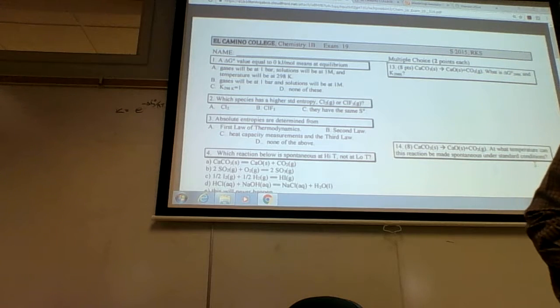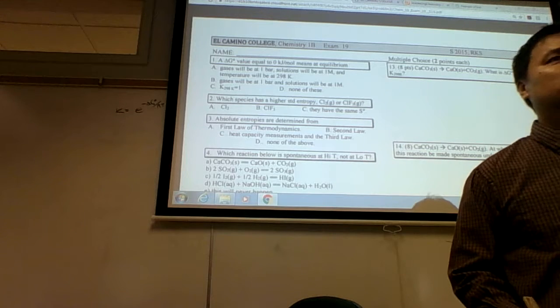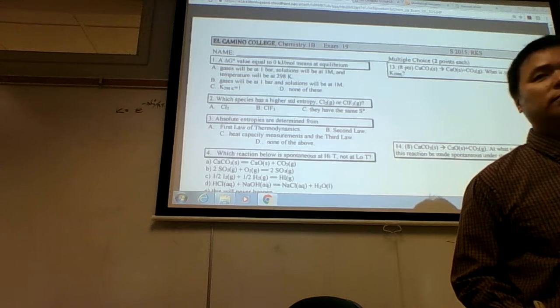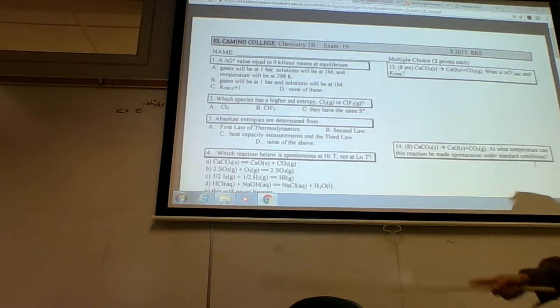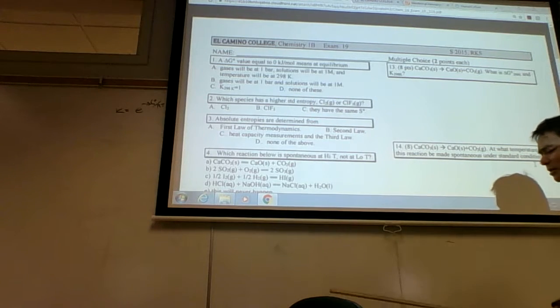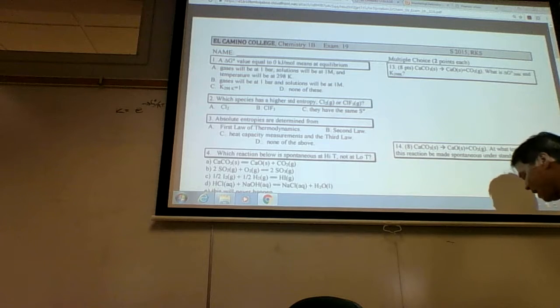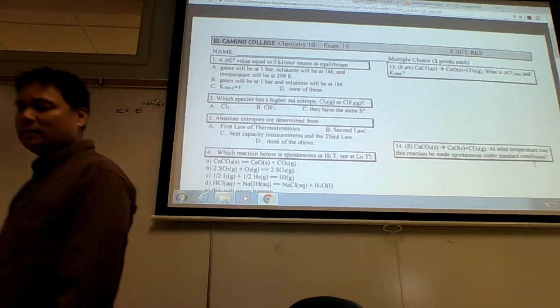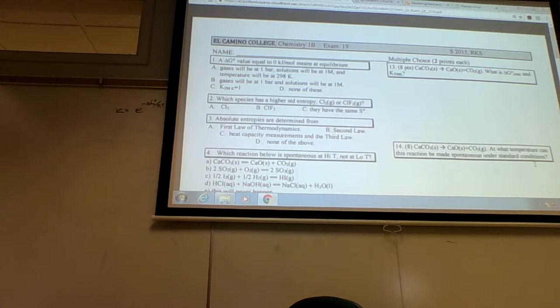Is a temperature of plus 2,500 Kelvin possible? Not for a lot of reactions. You'd end up vaporizing most of the stuff. So how can we figure out how to tweak the temperature to get K equal to 1? It's actually pretty easy, because there are two ways we could do it.